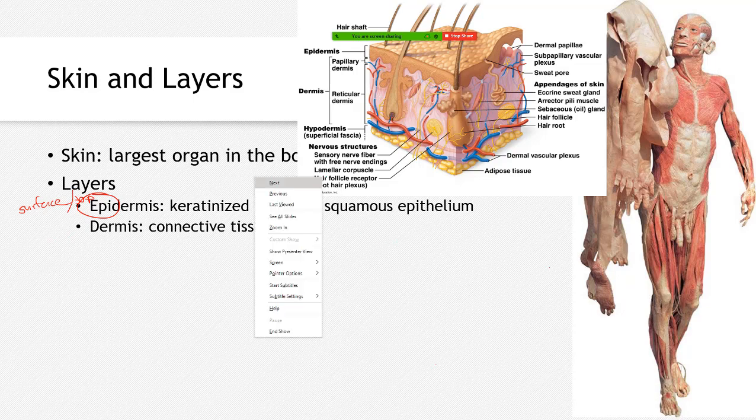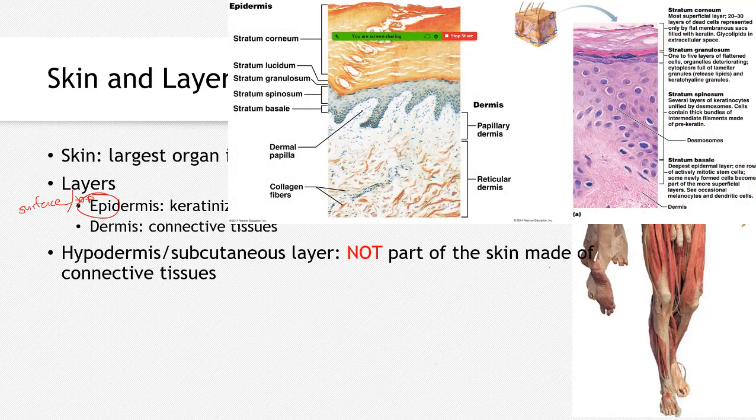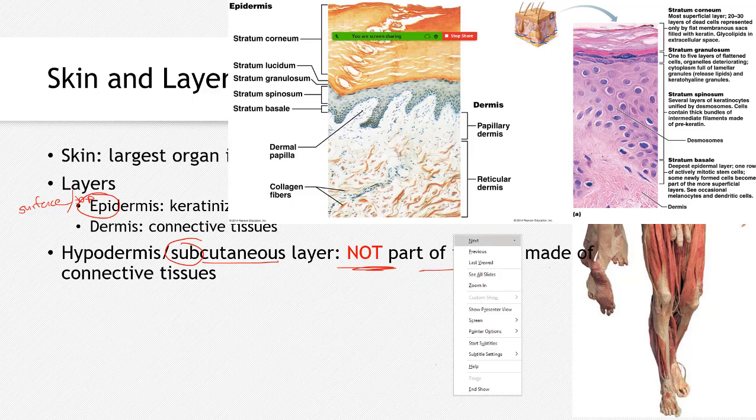And there is another layer called the hypodermis, but the hypodermis is subcutaneous, meaning it's underneath the skin. It's not part of the skin, and it's made up mostly of the areolar connective tissue.